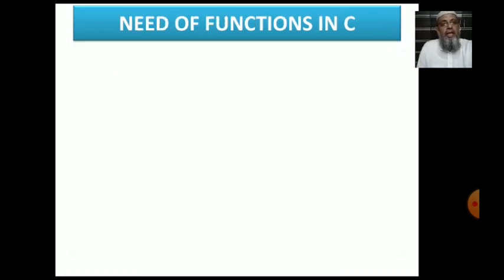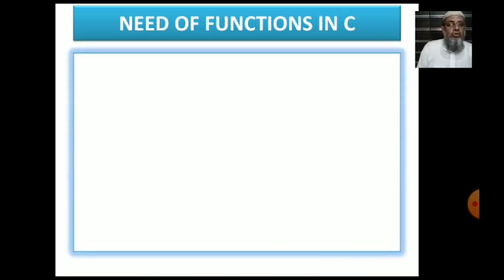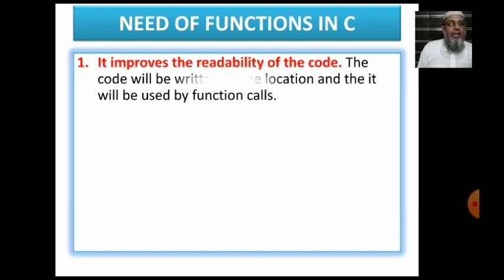Now we will discuss the need of functions. Why are functions needed? There are so many needs, or we can say applications. Some of the important aspects we'll discuss here. First, it improves the readability of the code. Readability means we can easily come across the function, determine it, see it and understand it, because it's written at one location.